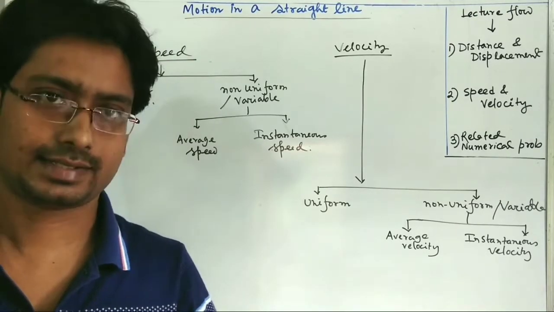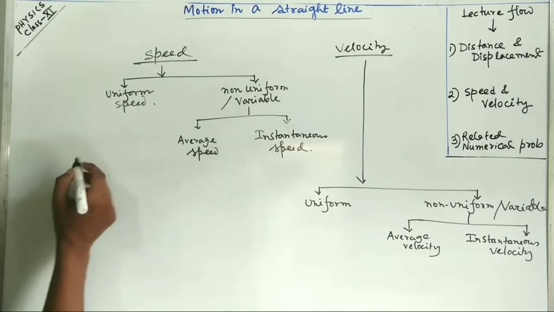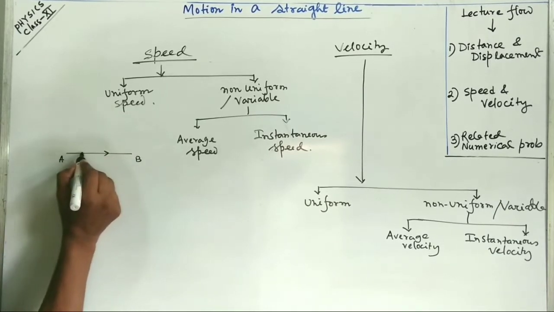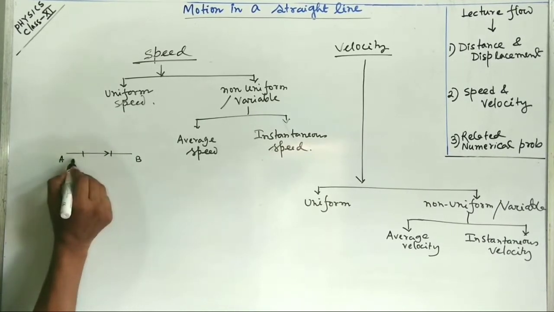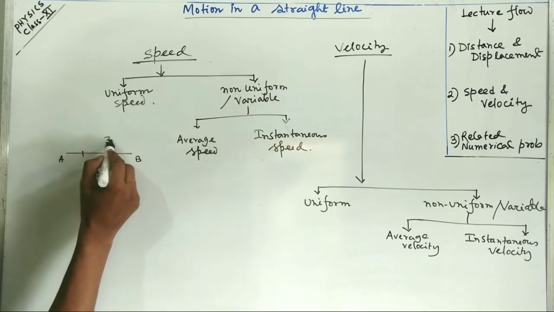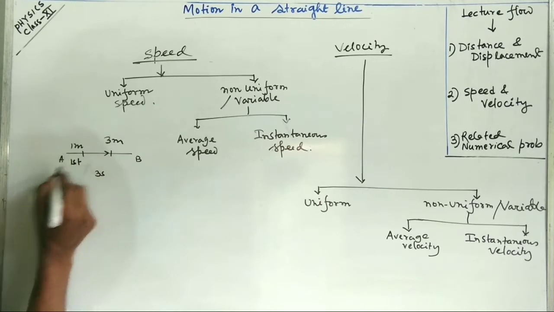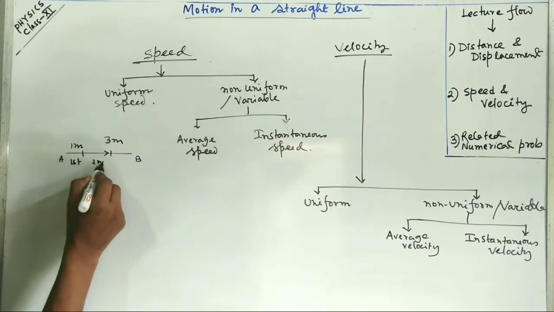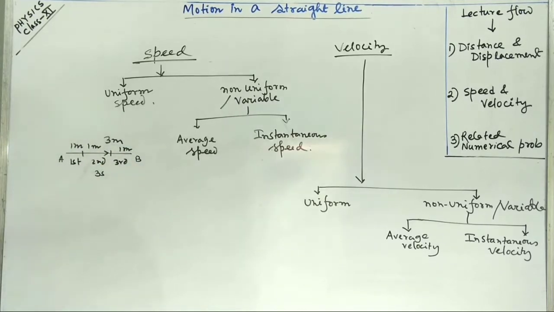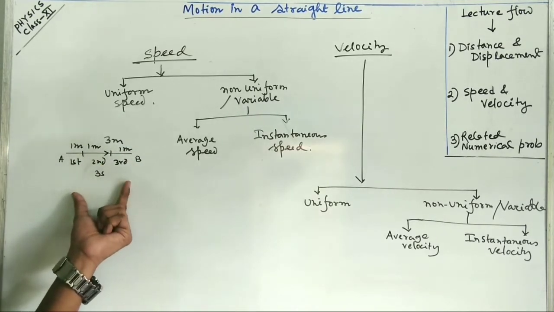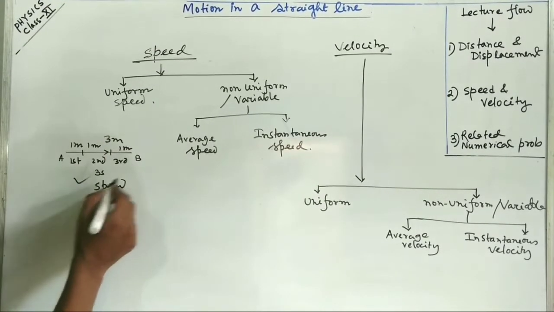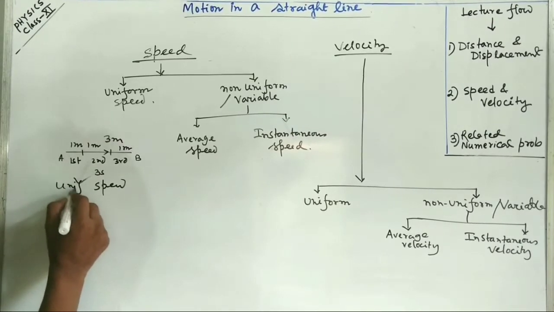For example, suppose a body moves from A to B in a total of 3 seconds and covers 3 meters. In the first second it covers 1 meter, in the second 1 meter, in the third second 1 meter. So in equal intervals of time the body traveled equal distances, and we call this type of motion uniform speed.